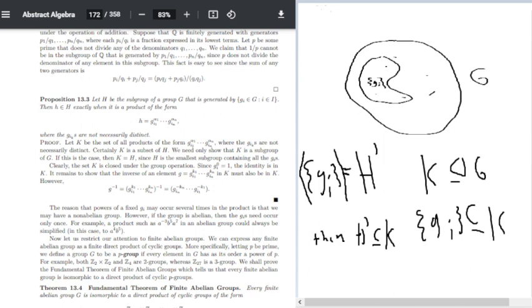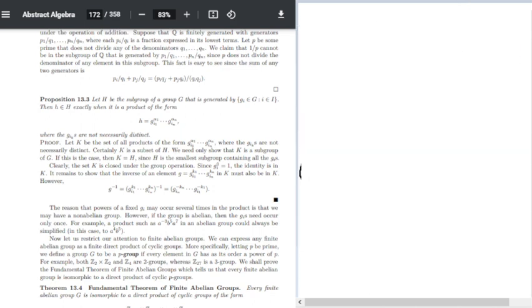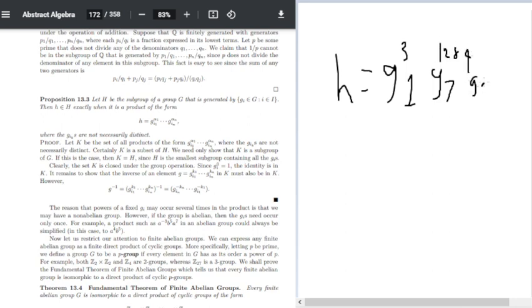So for example, under this interpretation we could have an element that might be equal to g1 cubed, then g7 to the 1284, another g1, and then g4 to the 17.